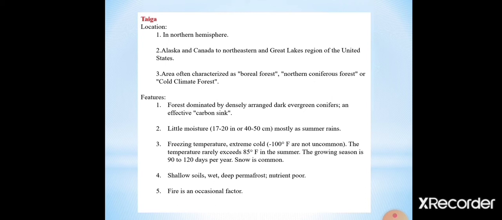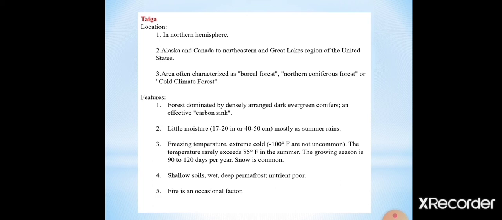It is characterized by coniferous forest consisting of pine trees, which come under the gymnosperms. It is the world's largest biome. The vegetation is composed primarily of cone-bearing, needle-leaved or scaly-leaved trees.